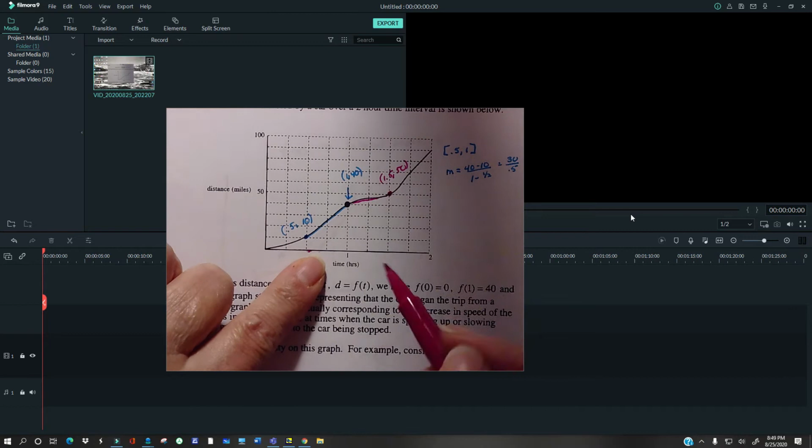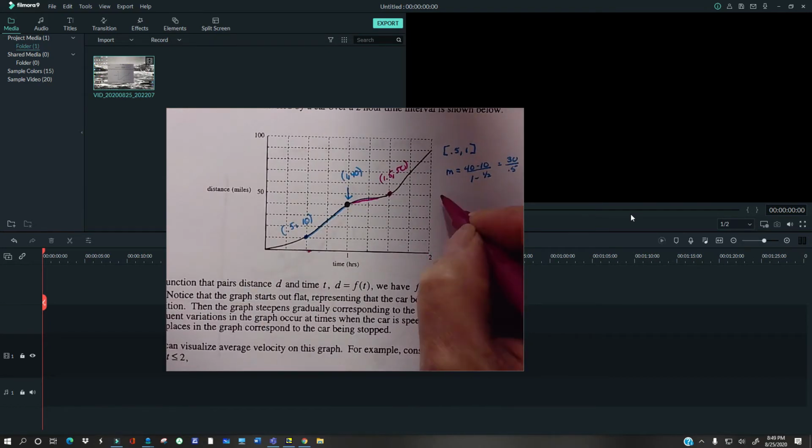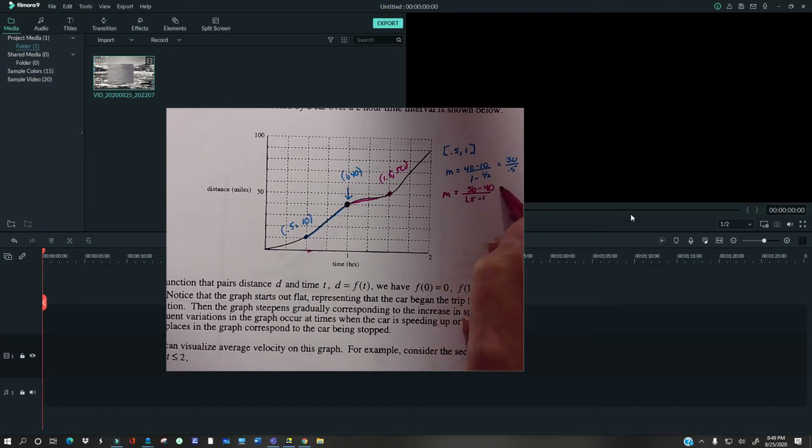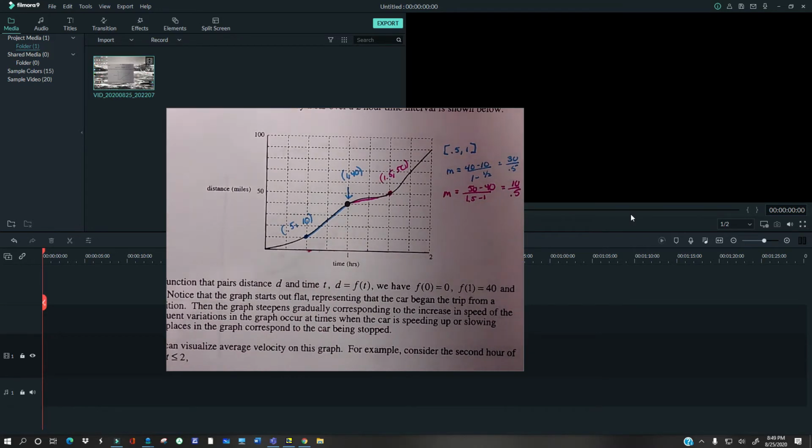So now let's compute the slope of this little secant line. The slope of the pink secant line is 50 minus 40 divided by 1.5 minus 1, which is 10 over 0.5, or 20 miles an hour. Well, that still doesn't tell me what the instantaneous velocity is. No, it doesn't.